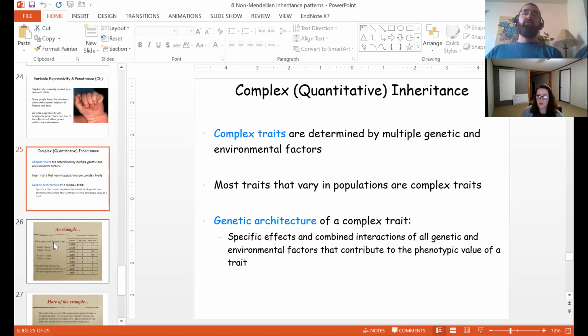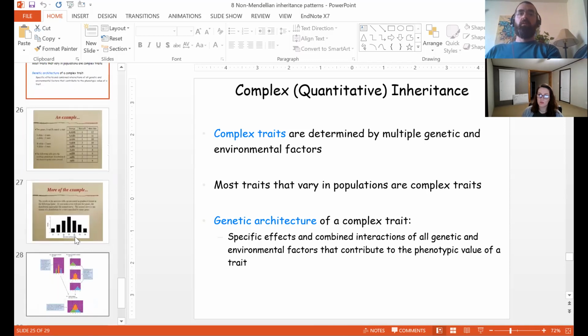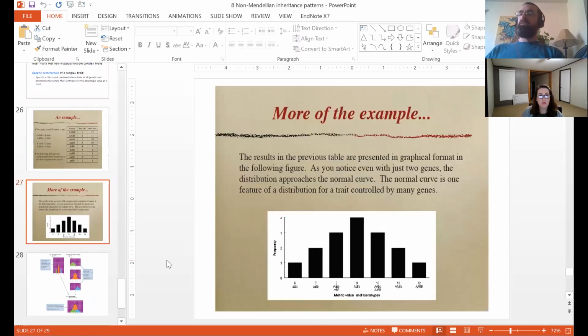So a classic characteristic of a complex trait is normal distribution. If we'd done this with a bigger group and actually plotted this properly in lab at the beginning of the semester with height, you would see that the height of students in a class, particularly if you have a big enough group, 4 or 5 isn't really enough, is largely a normal distribution.